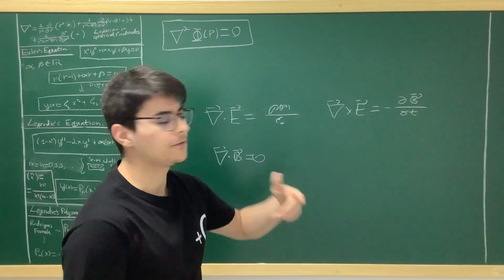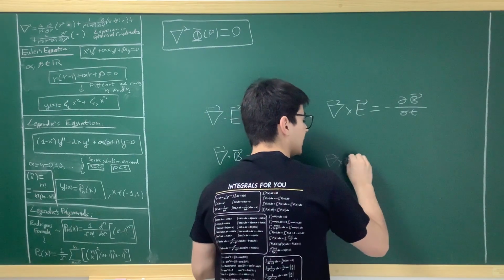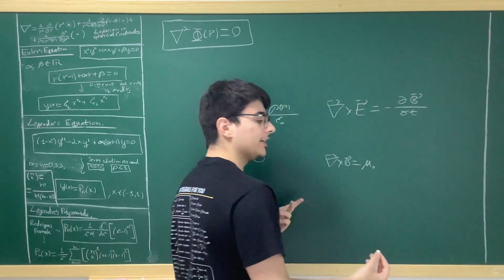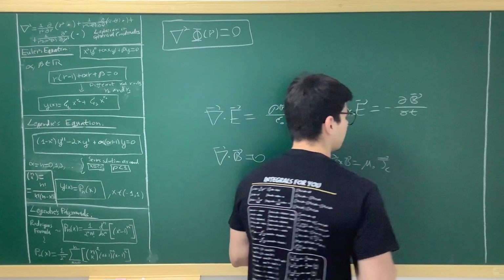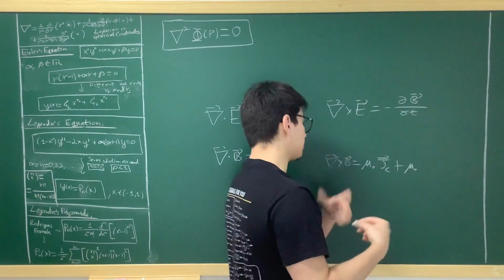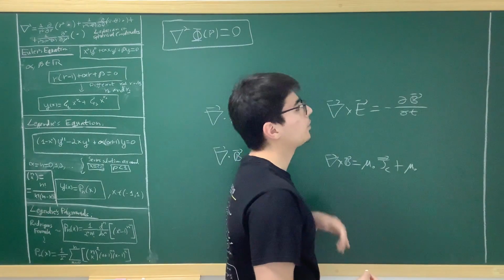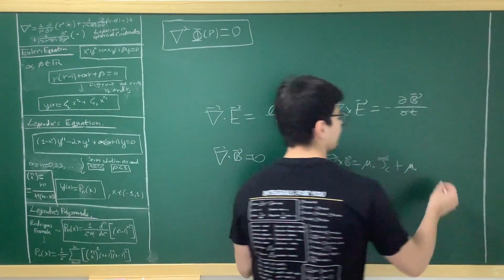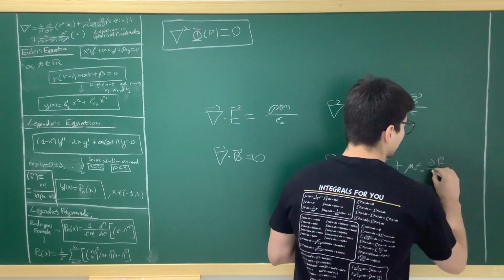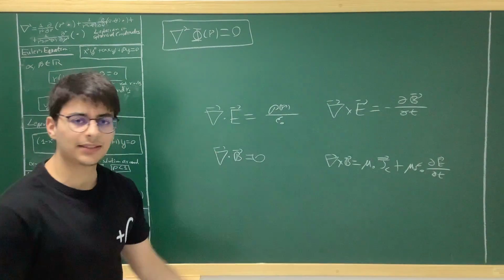This just means that a varying magnetic field creates an electric field, and likewise the curl of the magnetic field is just mu naught, which is the vacuum permeability, times our conducting current, plus mu naught times our new generalized current introduced by Maxwell, which is called the displacement current, which is just epsilon naught times the partial time derivative of the electric field. I'm not going to explain them in too much detail now.